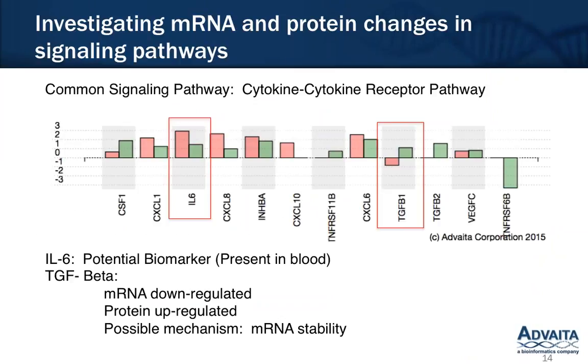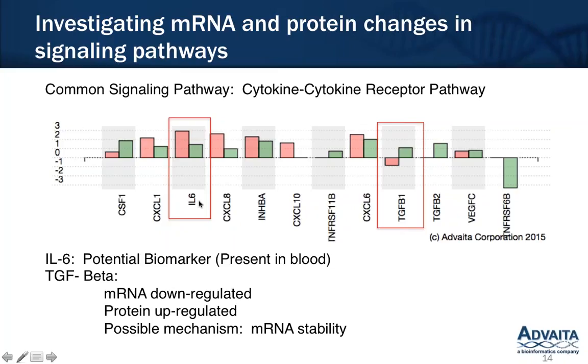So one of the common signaling pathways between the protein and the mRNA expression data was the cytokine receptor pathway. And interestingly, IL-6 and TGF-beta1, which are both parts of the pathway, were present on both the mRNA level as well as the protein level.